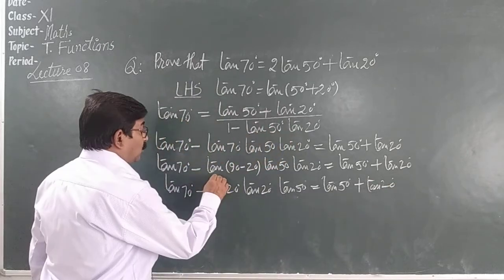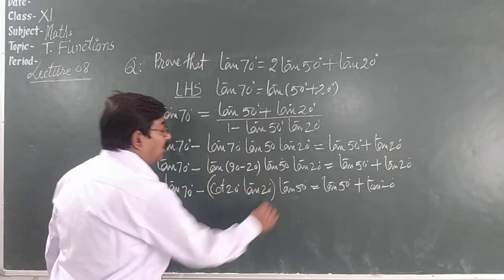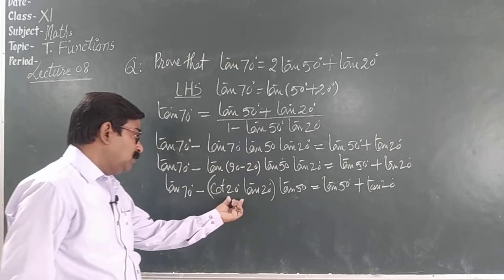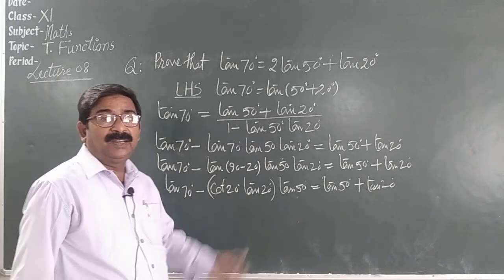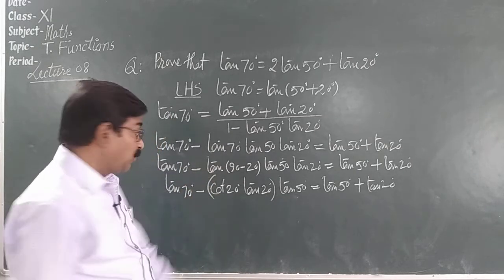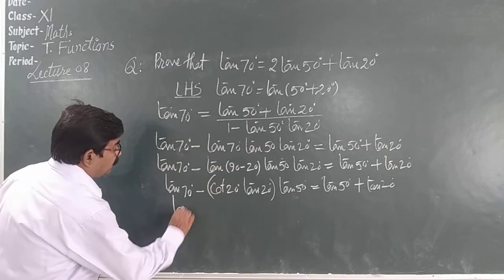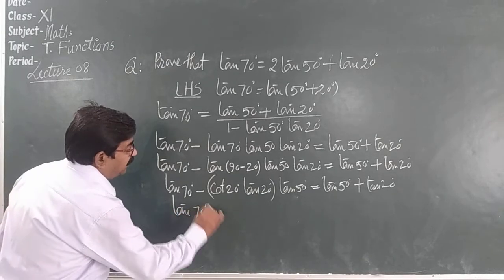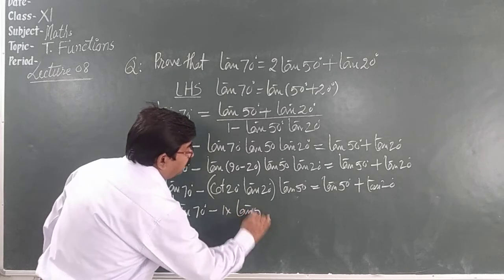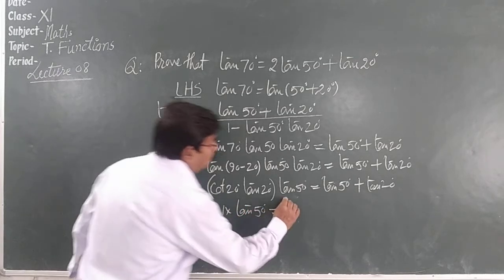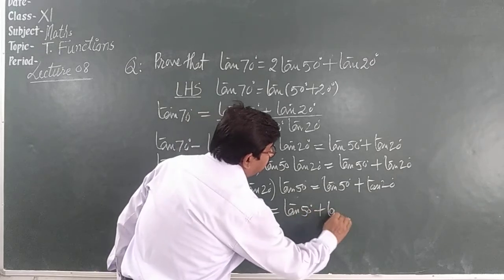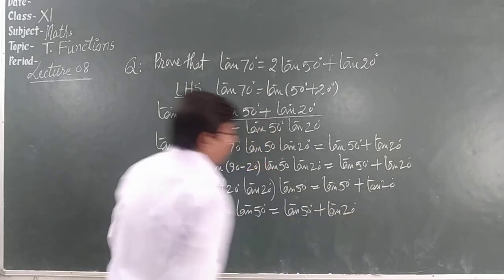Cot 20 degree into tan 20 degree: the product of cot and tan of the same angle is 1, because cot and tan are reciprocals. So we have tan 70 degree minus 1 into tan 50 degree is equal to tan 50 degree plus tan 20 degree.